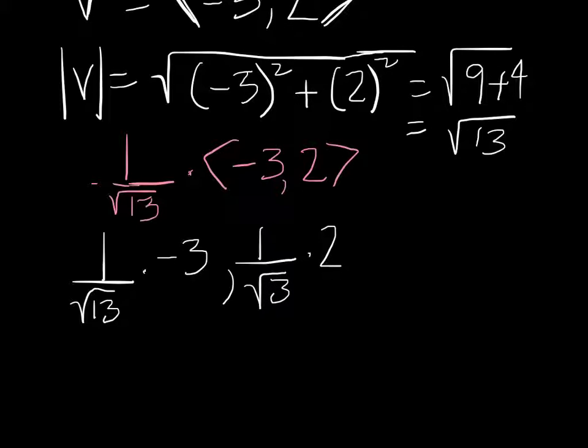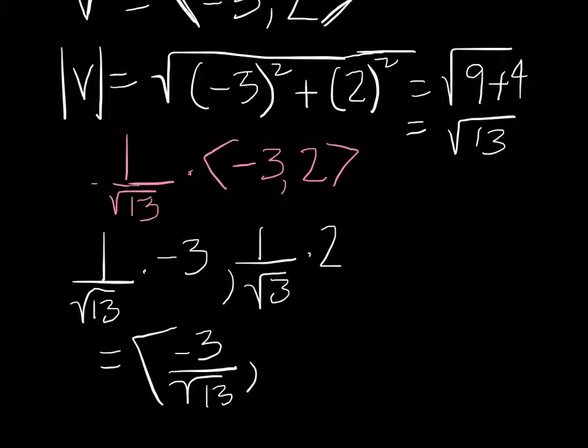To write this in component form, the unit vector in component form, when you're multiplying fractions, I remind you, you multiply the numerators, so 1 times -3 is -3. You multiply the denominators; the denominator of -3 is 1, so the square root of 13 times 1 is the square root of 13.